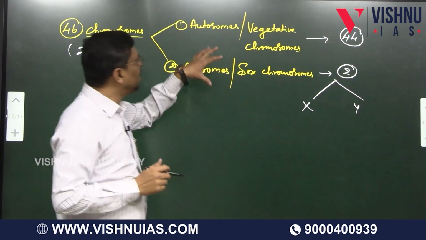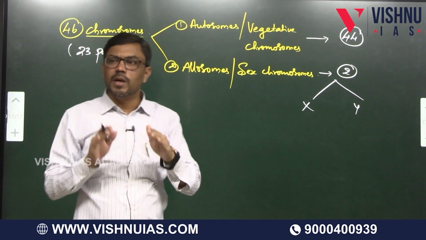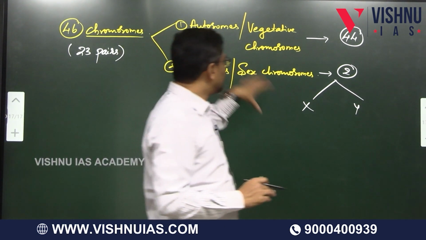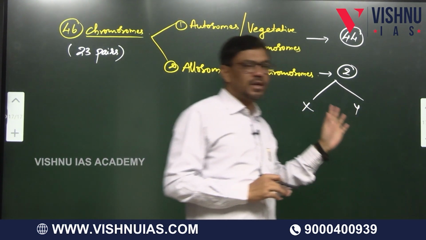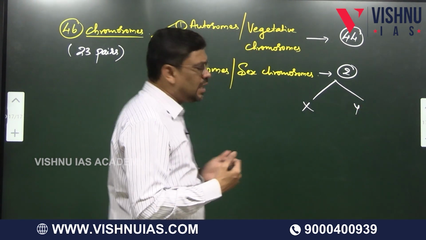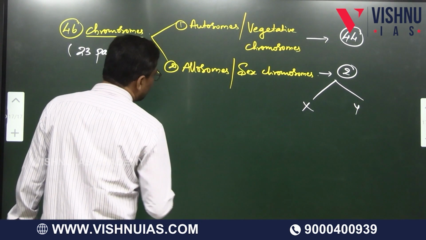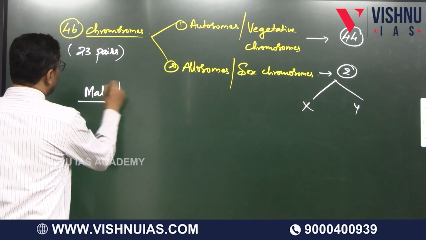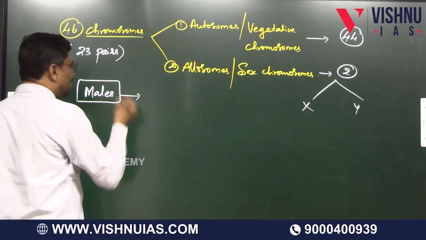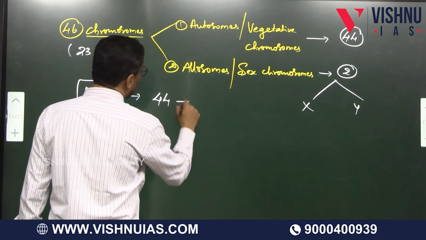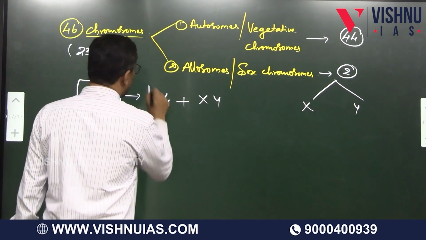And here these 44 autosomes are similar in both males and females, whereas the allosomes, the sex chromosomes, are of two different types, X type and Y type. Okay. They make the characteristic features of both males and females. If you observe the combination of chromosomes in males, there are 44 autosomes plus XY allosomes.